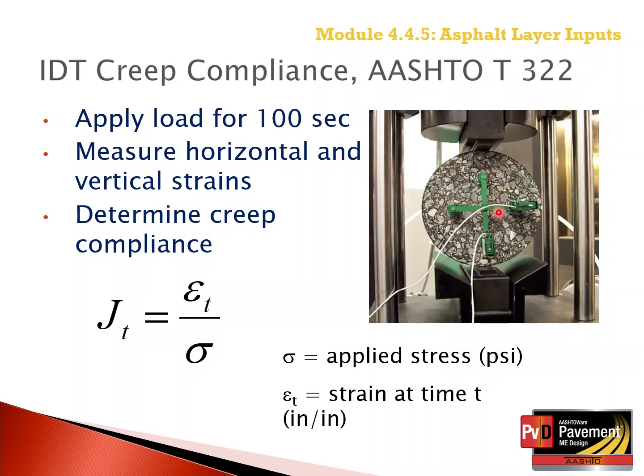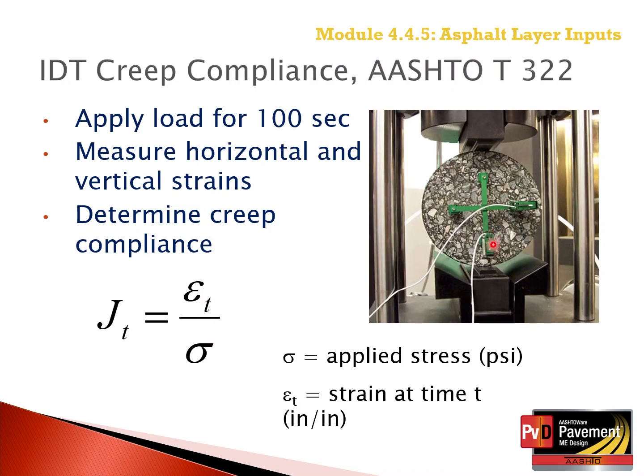LVDTs are used to measure both the horizontal as well as vertical displacement along the center of both sides of the specimen for a total loading time of 100 seconds, at which the load is rapidly removed.